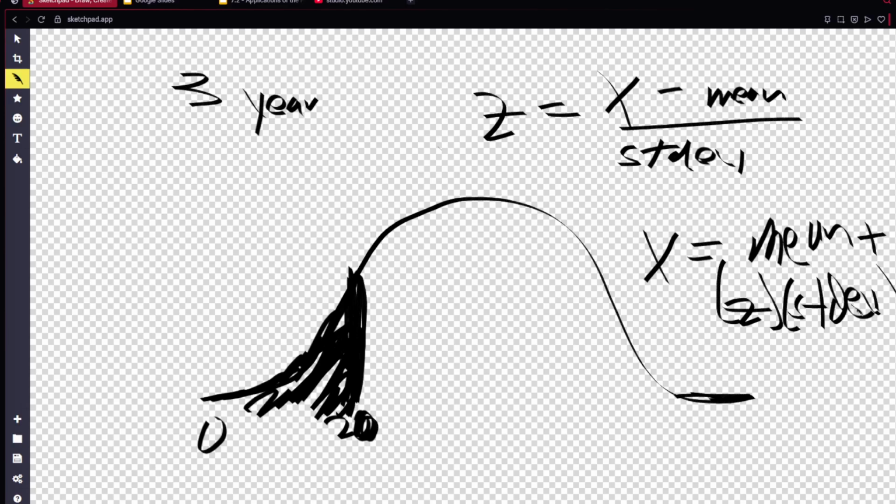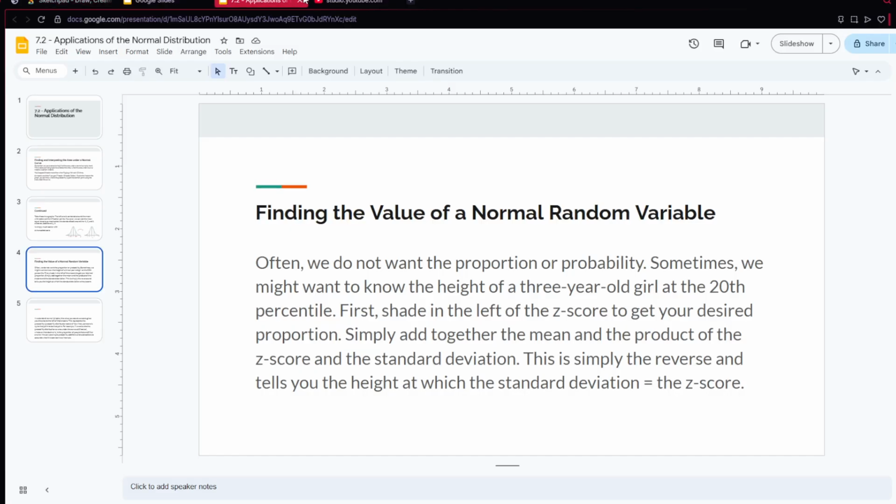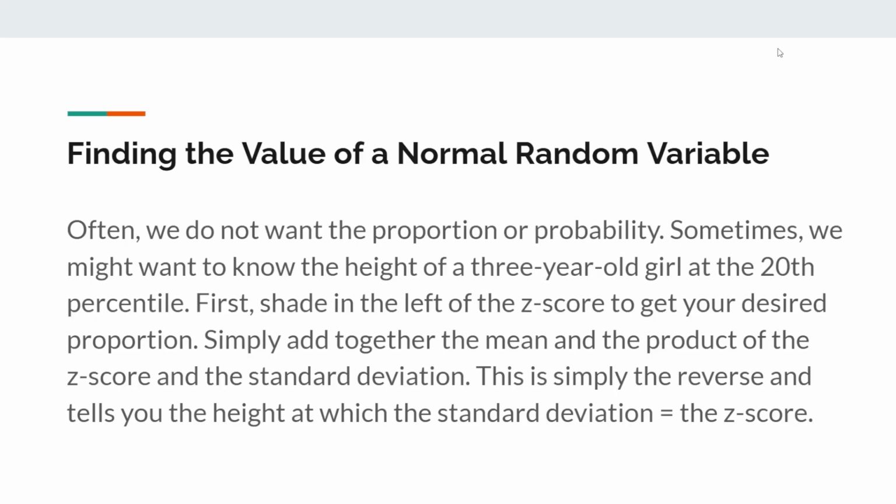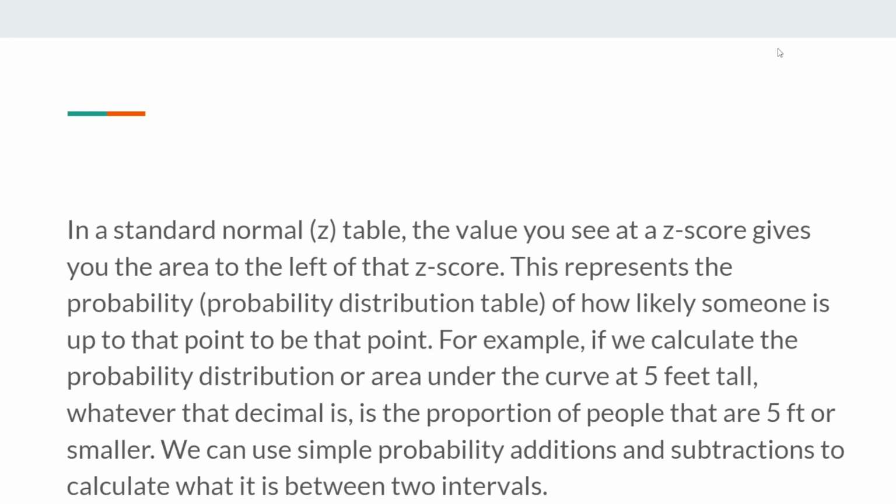It's just simple algebraic manipulation, and that allows us to calculate what the random variable is, or how tall the person is at the height. So it tells you what height will give you that z-score, which is really interesting actually. So yeah.